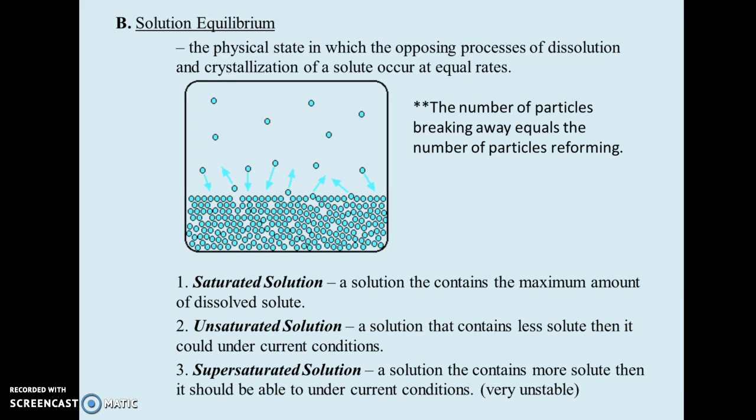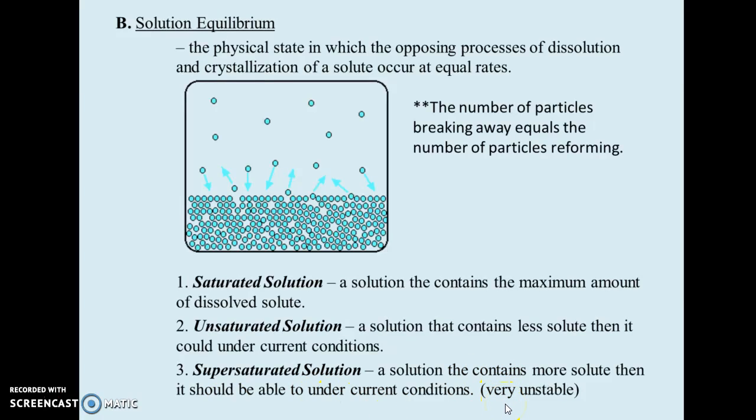And a new term that we didn't cover in our POGO packet is supersaturated. So this is a little bit different from saturated. This is a solution that contains more solute than it should be able to under normal conditions. So you should have made one of these in class today, but it's very unstable.